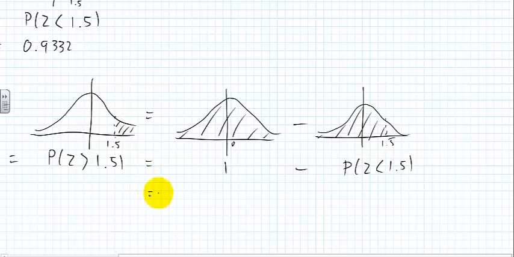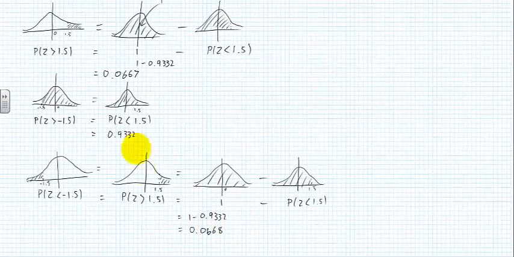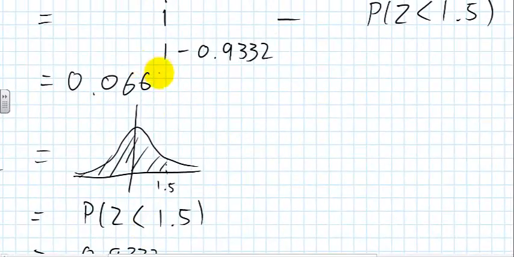Again, this is just 1 minus the probability of z being less than 1.5, which is 0.9332, and this we worked out before, 0.0668.